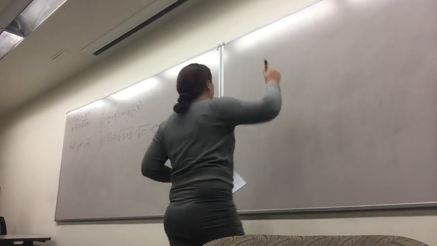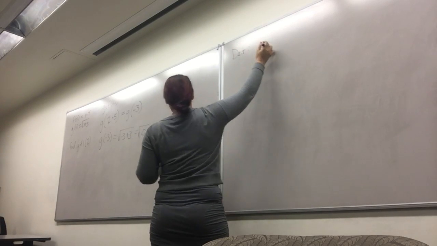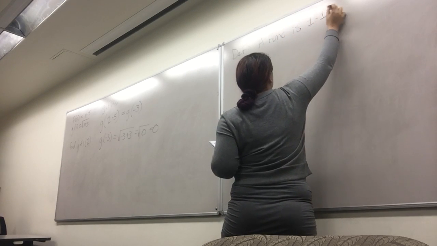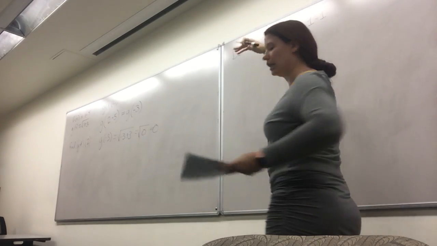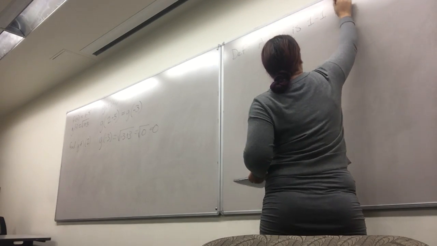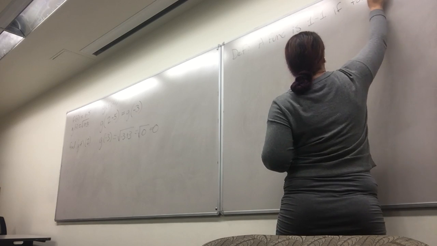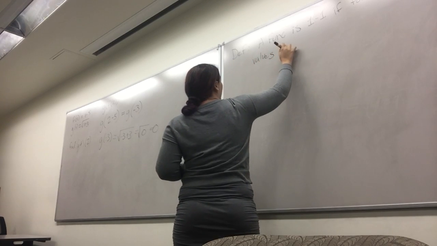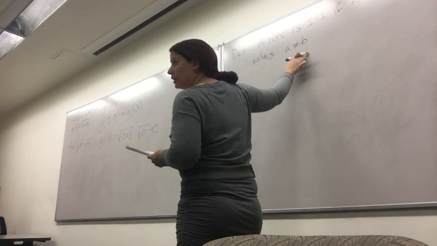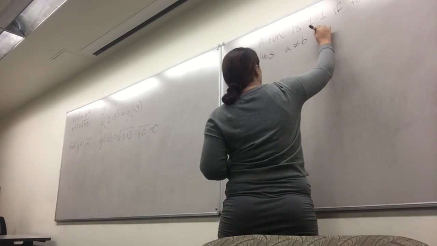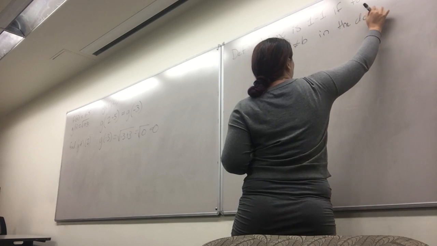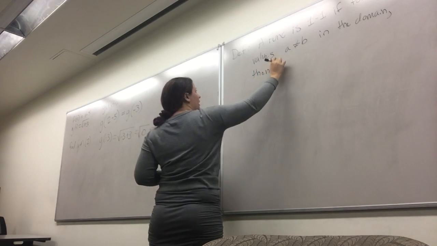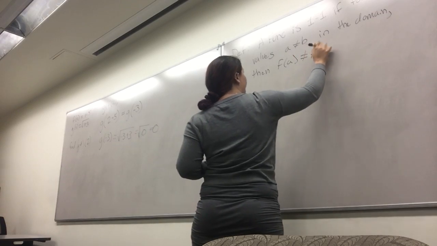We'll first start off with the definition. So, a function is one-to-one, you can write it out, 1 to 1, or just write it this way, if for any values a not equal to b, so basically I'm saying different values in the domain, so for any different x values, then f of a does not equal f of b.